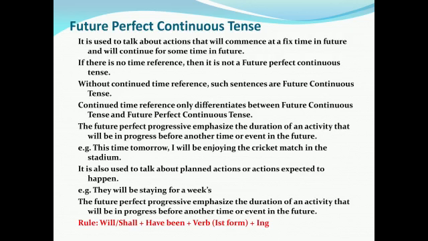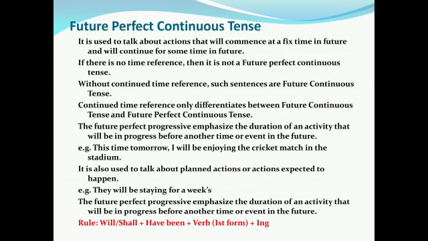The future perfect progressive tense emphasizes the duration of an activity that will be in progress before another time or event in the future. Now, an example will make it more clear.